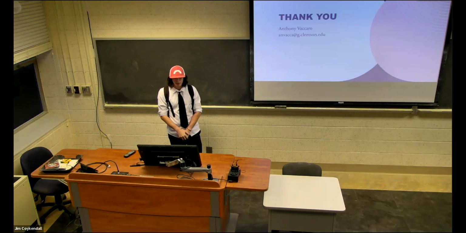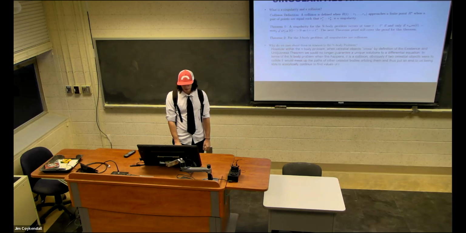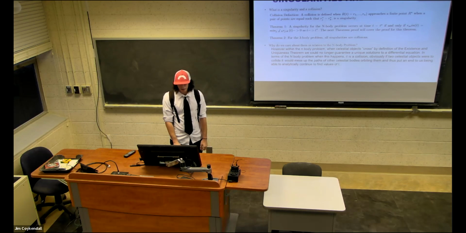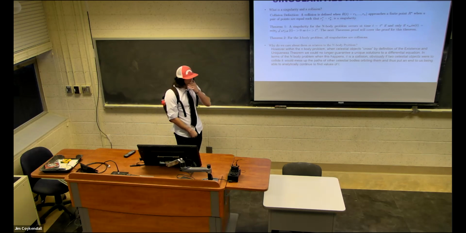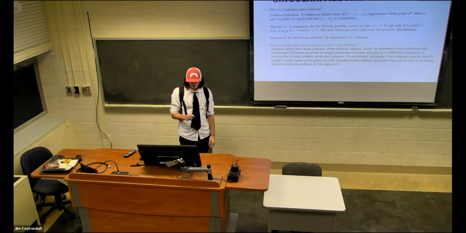I noticed that within one slide, there's a definition of collision, and I noticed also there's a term called singularity. Could you explain what a singularity is? Yeah, so a singularity in the n-body problem occurs at a specific time t when r_j equals r_k.